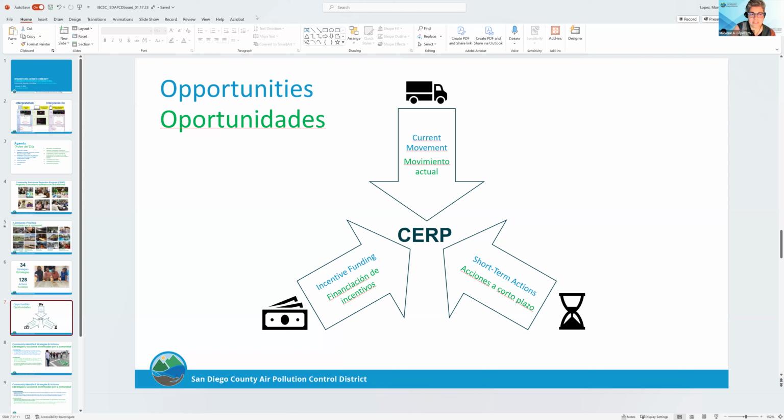So again, this is just my really high level assessment of looking at the 128 actions and the 34 overarching strategies that I saw that we could potentially get started on and start working towards relatively soon, based upon existing capacity and different windows of opportunity all around us.